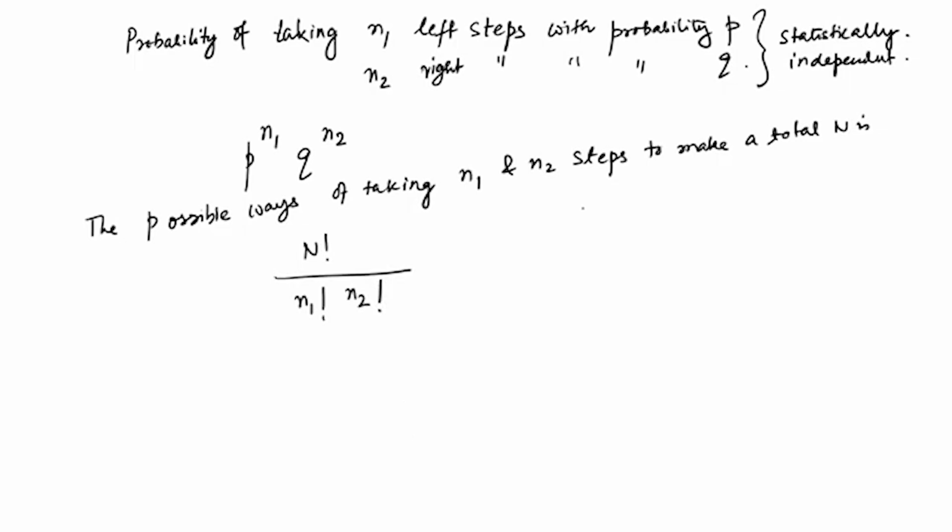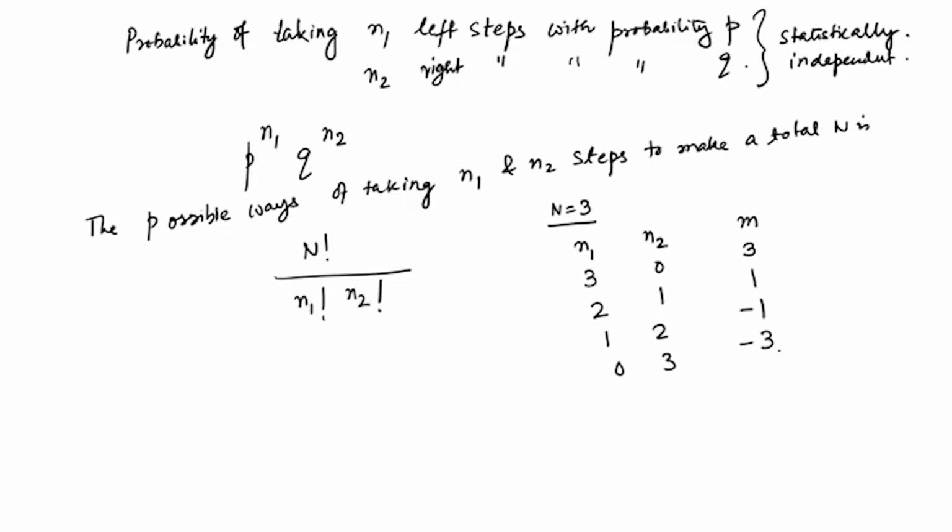So, let me for a moment consider capital N to be 3. Then n1, n2 and m can be 3, 0, 3; or 2, 1, 1; or 1, 2, minus 1; or 0, 3, minus 3 and so on. So, these are the different ways of arranging or rather finding n1 and n2 giving rise to a total capital N of 3.